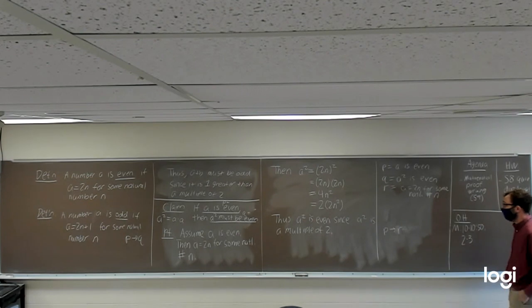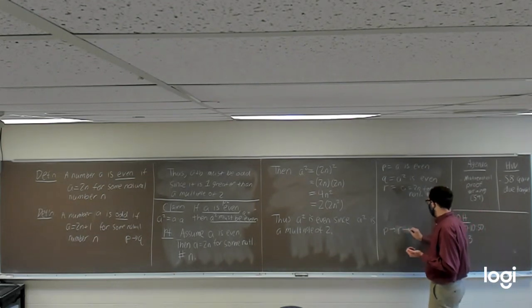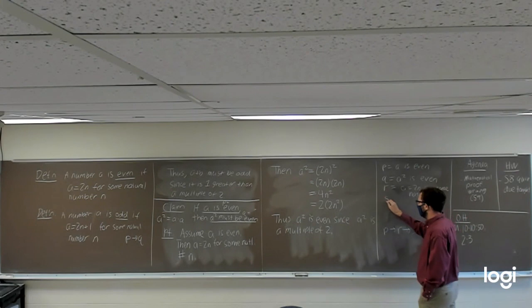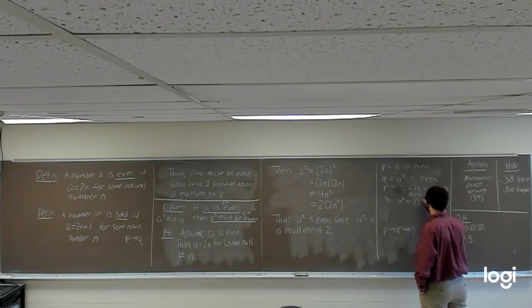So our proof first made the claim that P implied R. We then had a claim that R implied some other statement S, where S is the statement A squared is equal to 2 times 2n squared.